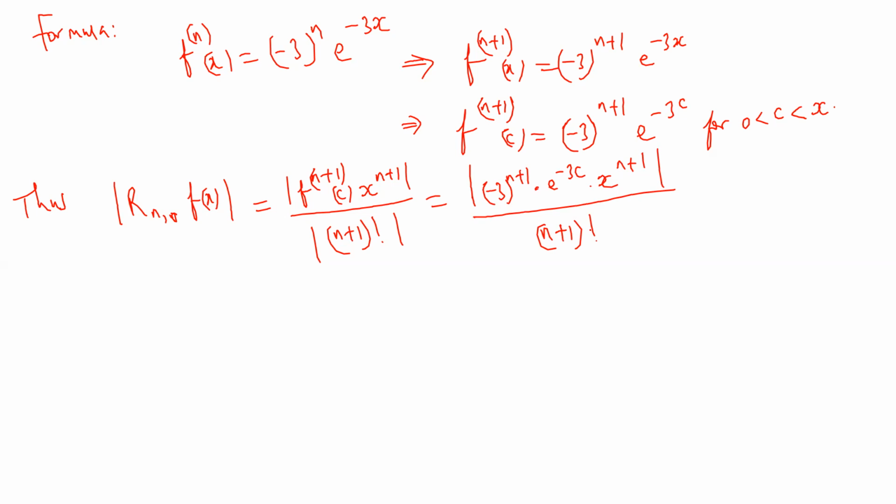Now, what is the meaning of all these things? You can put absolute value at the bottom, but it's positive at the bottom. This is what we have. Can this be written in a compact manner?